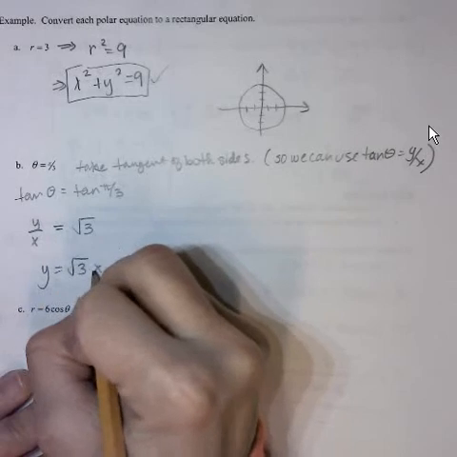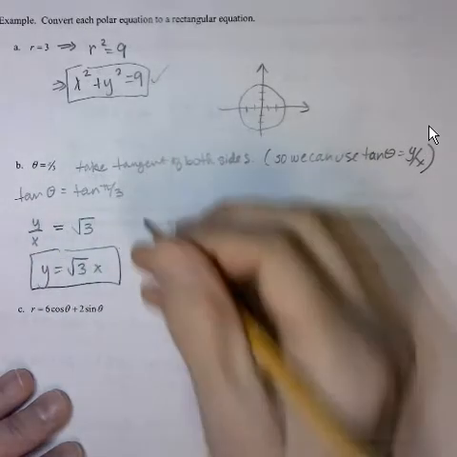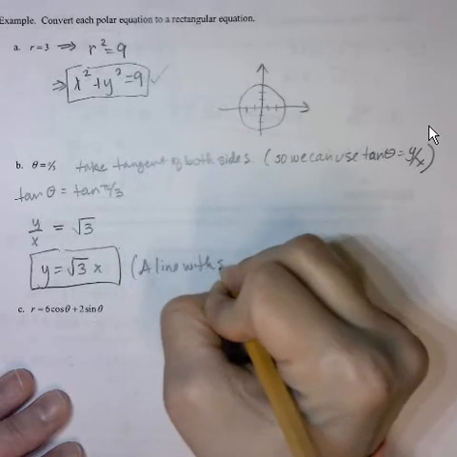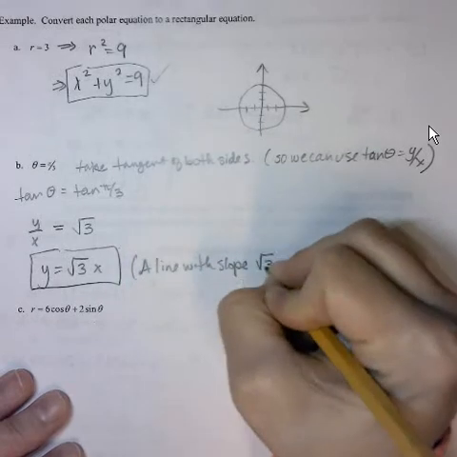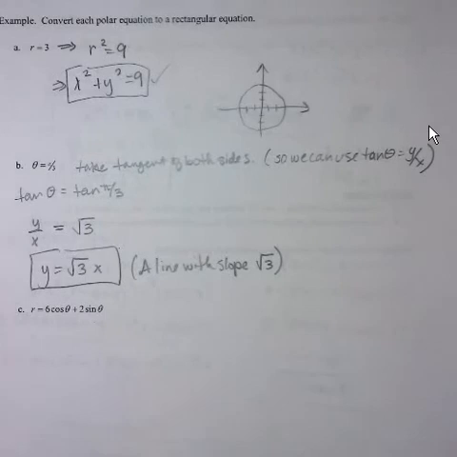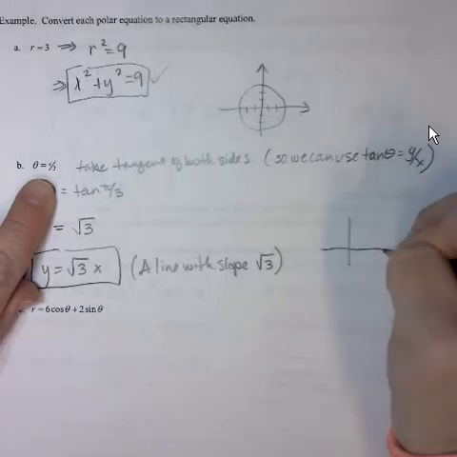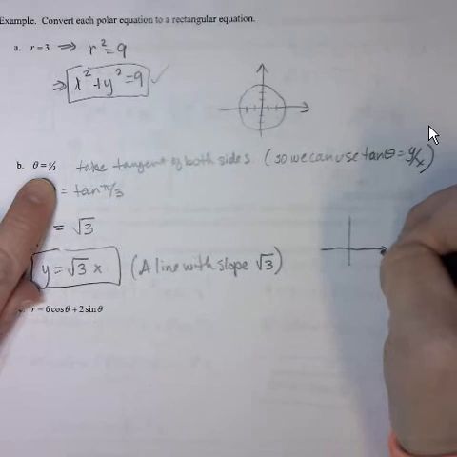So this is y equals the square root of 3 times x. And that's a line with slope square root of 3. That shouldn't be a surprise that it's a line if you think about theta equals pi over 3. Here you're saying let r be anything. Theta is always pi over 3.